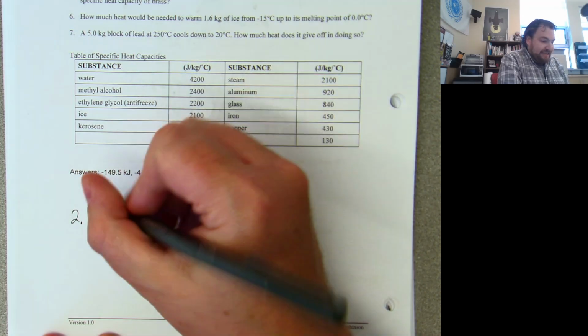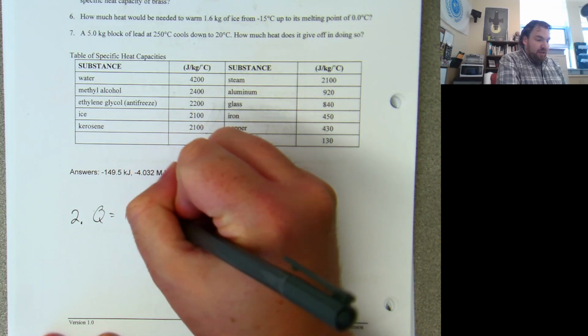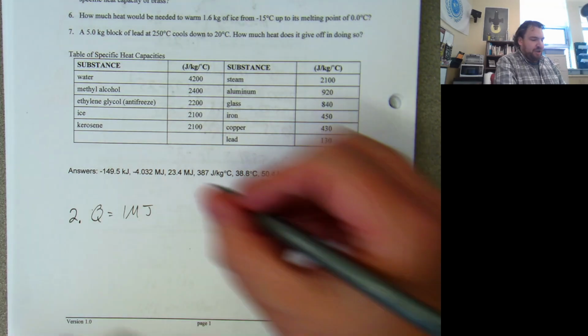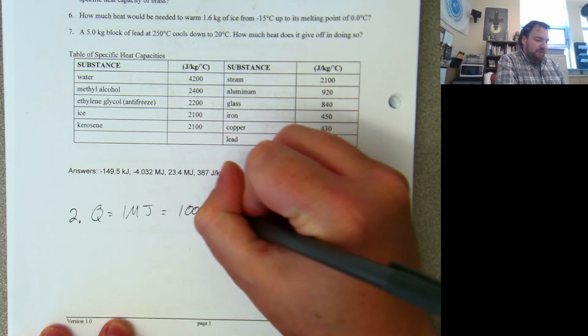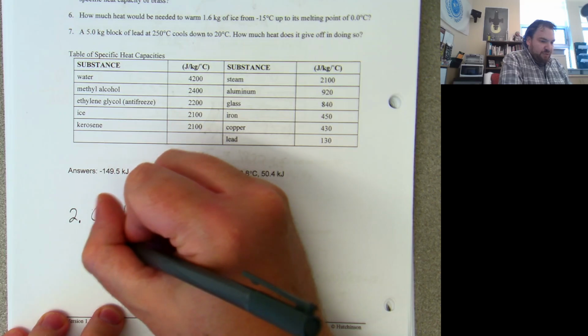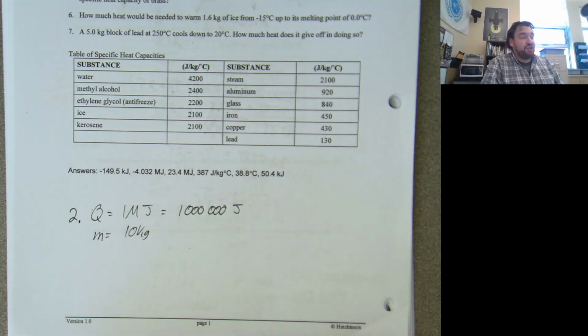That is heat, so that's Q. Q is 1 megajoule, and a mega is a million of something, so this is 1 followed by 1, 2, 3, 4, 5, 6 zeros. 1 million joules is being transferred to a mass of 10 kilograms of water. 10 kilograms is 10 liters. That's 2.5 milk jugs, just putting in perspective of water.